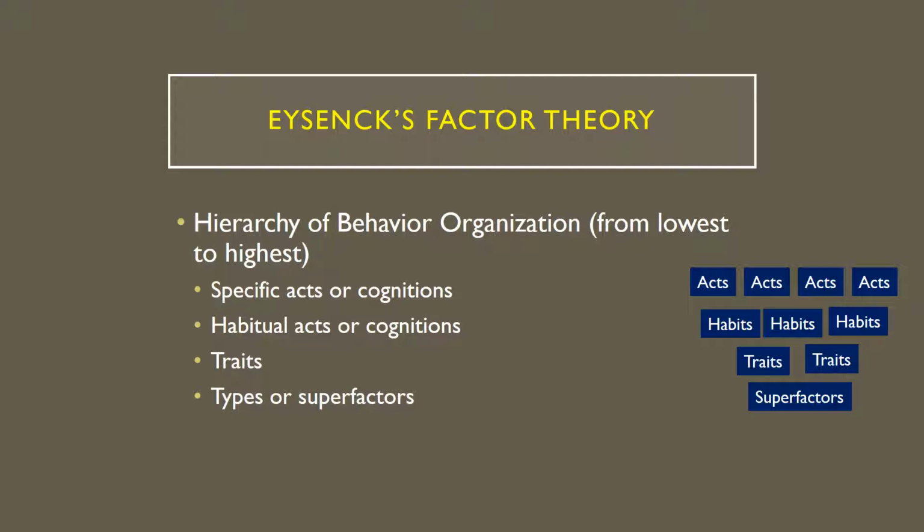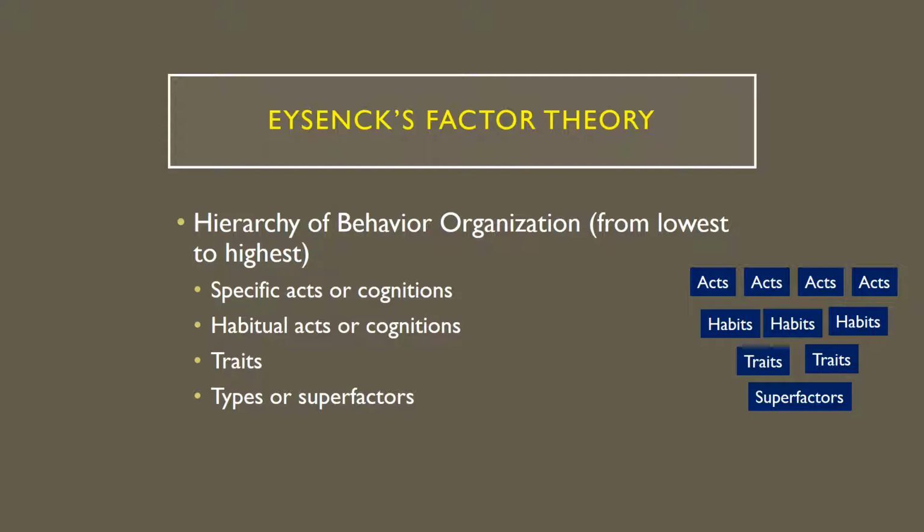Thus, taken together, the theory suggests that any specific behavior that an individual performs can ultimately be traced back to the individual's personality type. Such a conceptualization grants significant power to the type variables within an individual's personality in terms of determining the specific behaviors in which that individual will engage.